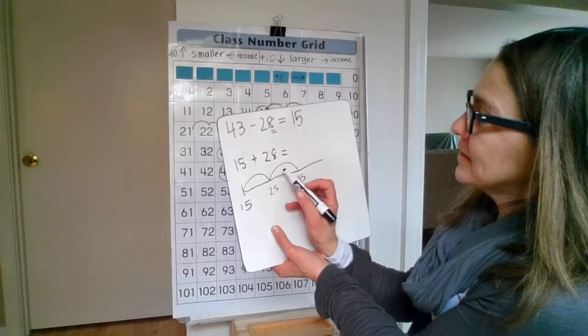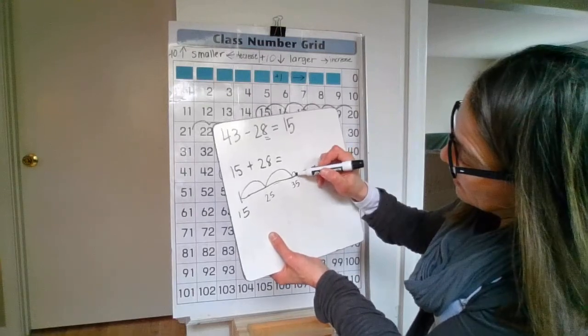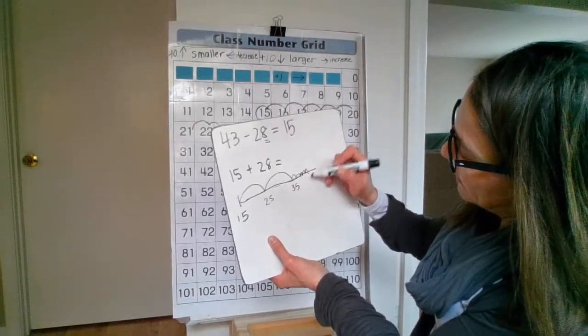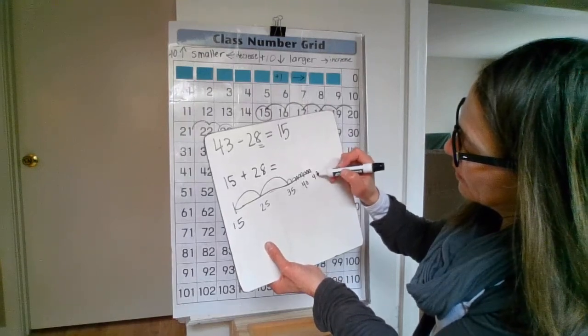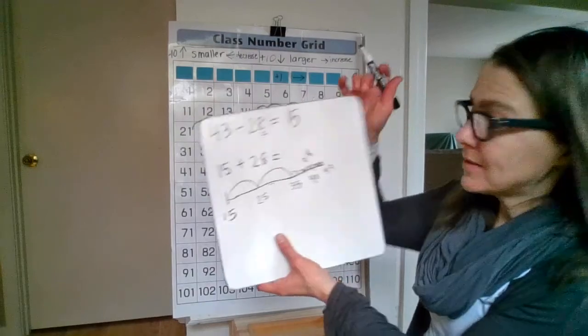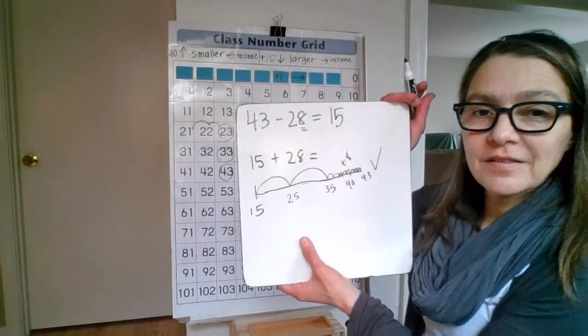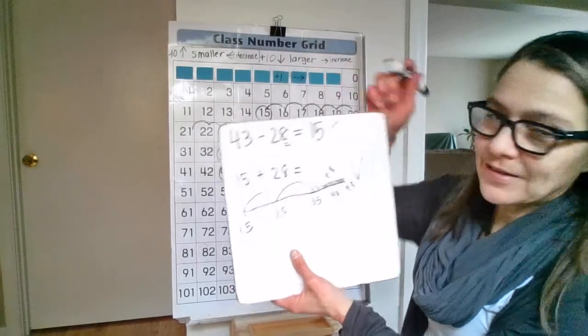Okay, and I still need to increase 8 ones. 1, 2, 3, 4, 5 makes 40. 1, 2, 3 makes 43. So I double checked with addition. So this is the correct answer.